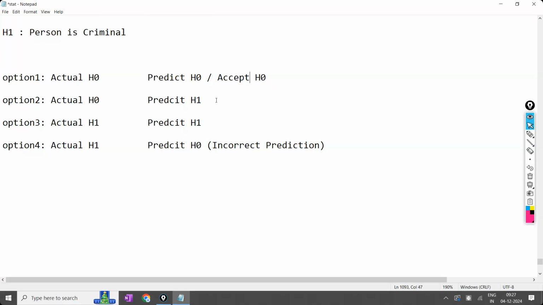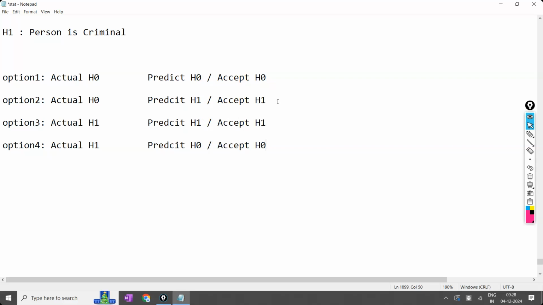So predicting H1 is also called accept H1. What is the meaning of predict H1? You are accepting H1 again. And predict H0 is nothing but accept H0.